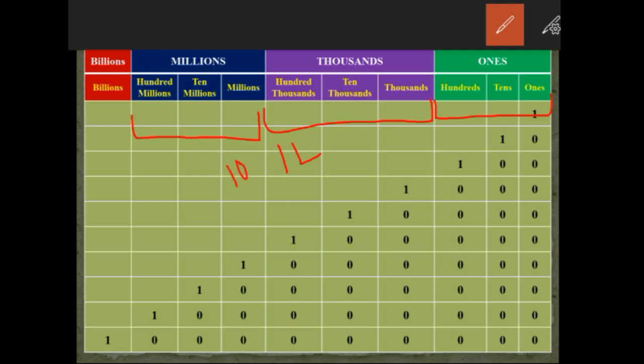So 10 lakh has become millions. 10 millions means crore, 1 crore has become 10 millions, and 10 crore has become 100 millions, and Arab has become billions. Is it clear?